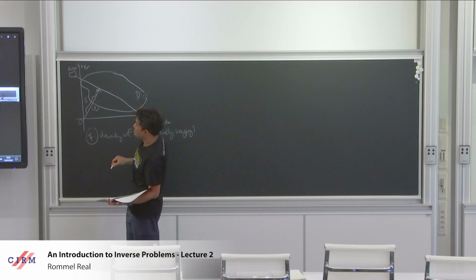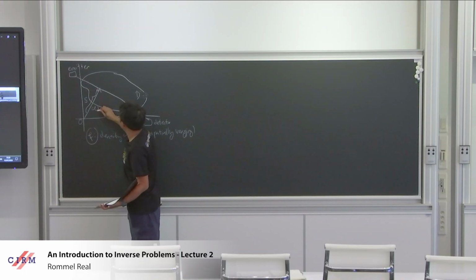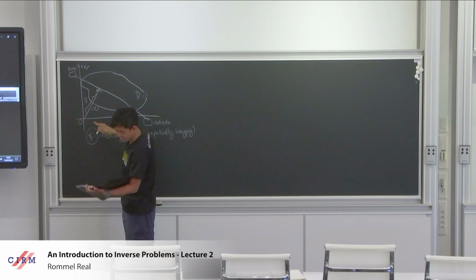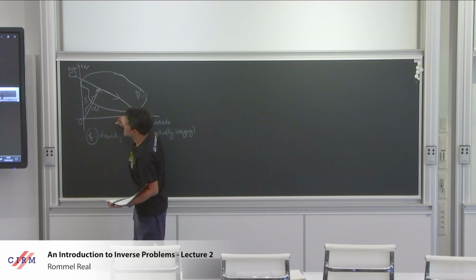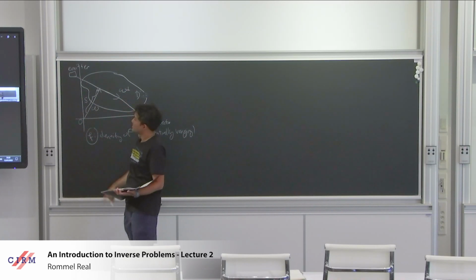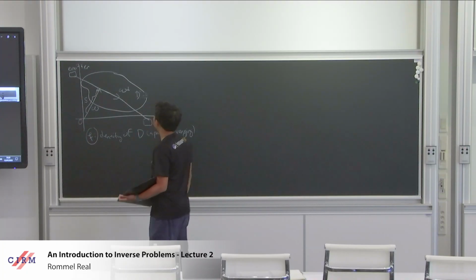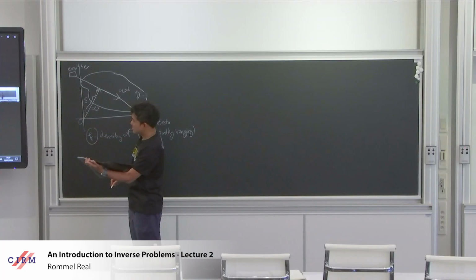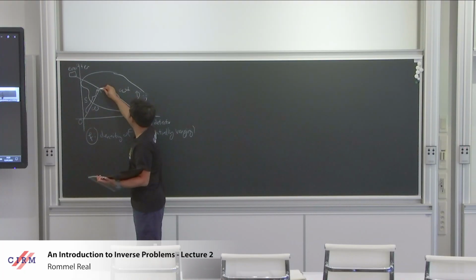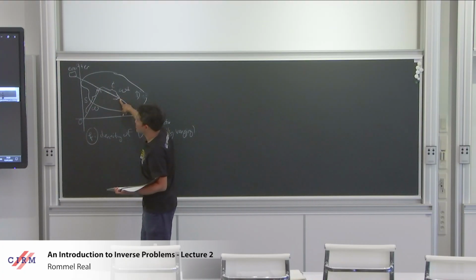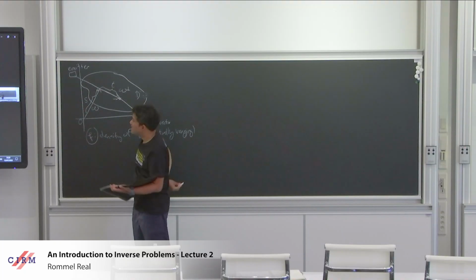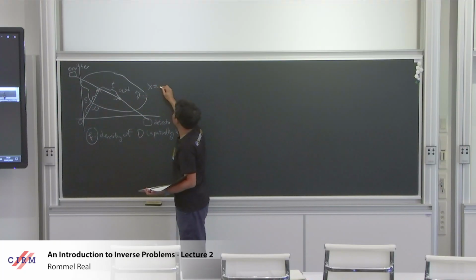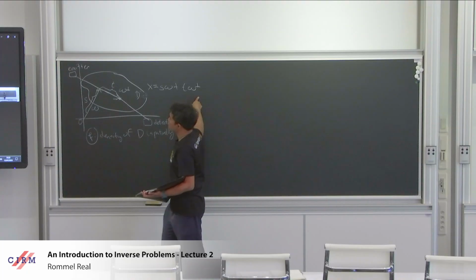And then we also parameterize it by the vector perpendicular to omega, so that's omega perp. And suppose this distance is equal to t, so s times omega plus t times omega perp parameterizes every point on the line. Okay?